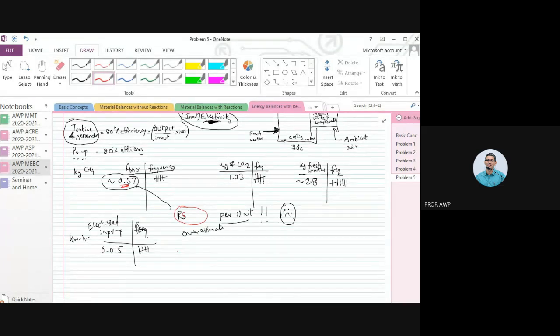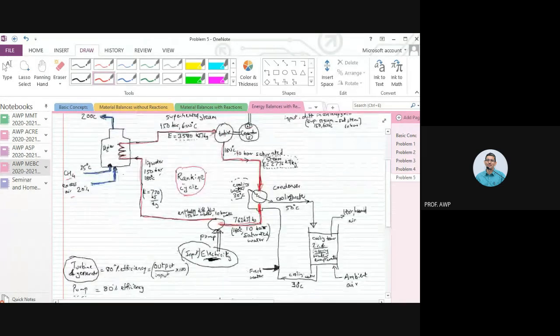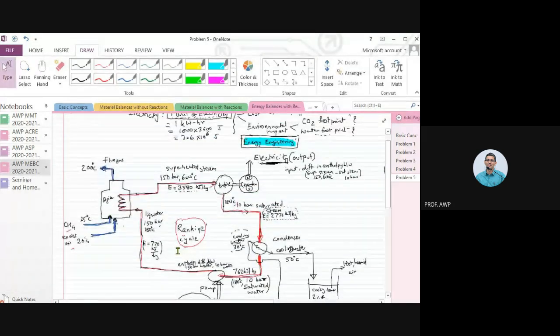All right, so a couple of things I wanted you to think about. Whatever electricity has been produced, where is the source of that electricity? The source of that electricity is in the calorific value of the fuel.